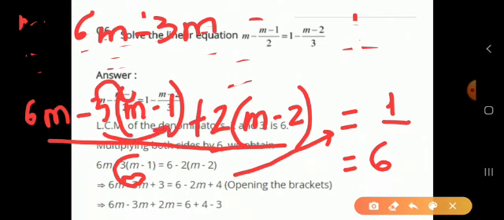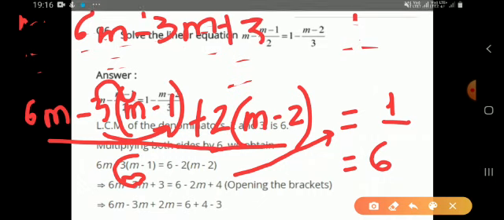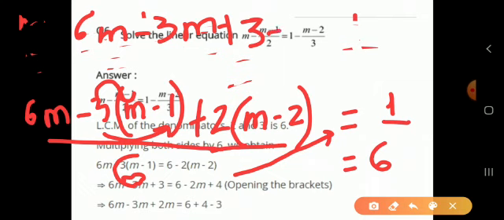See, outside the bracket it is a minus sign, so plus will become minus and minus will become plus. It was plus m, so it has become minus 3m. It was minus 1, so it will become plus 3. So take care of signs.